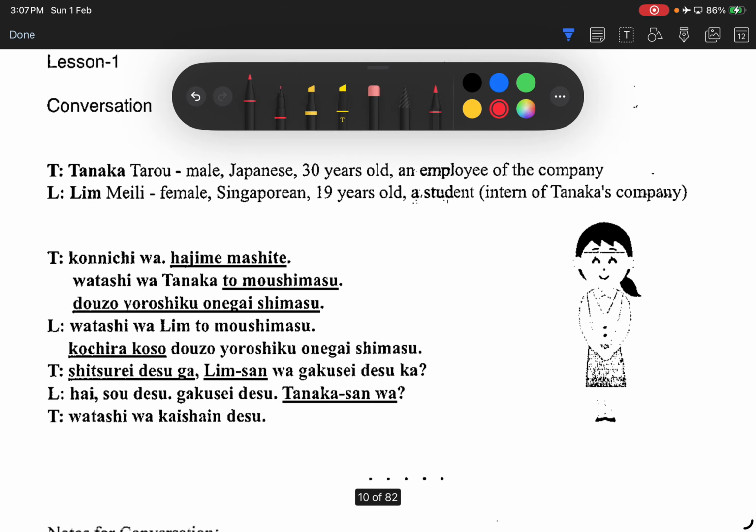Right? Next line. 私は田中と申します. So this と申します is really, you won't learn this for the next 2 to 3 years. This is a higher level Japanese. It is the most default way to introduce yourself and the most polite way. Okay, if you can't remember this, just change this to です. 私は田中です. Right? If you cannot remember this と申します, just change it to です.